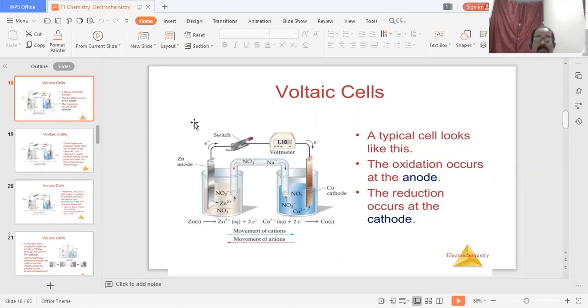So this is the voltaic cell, and this cell also has two types of apparatus: one anode electrode and the second a cathode electrode.